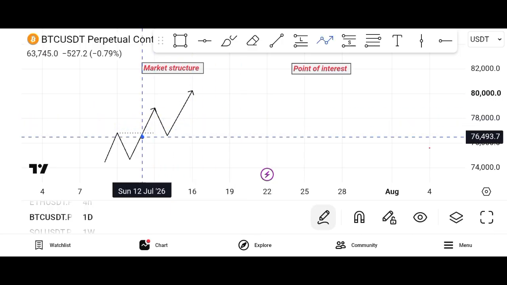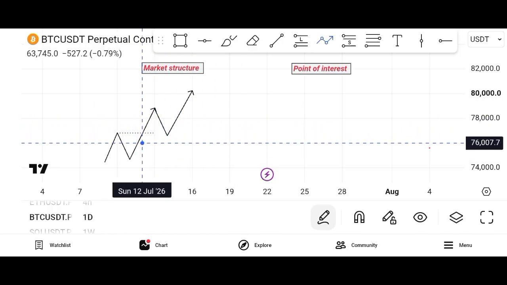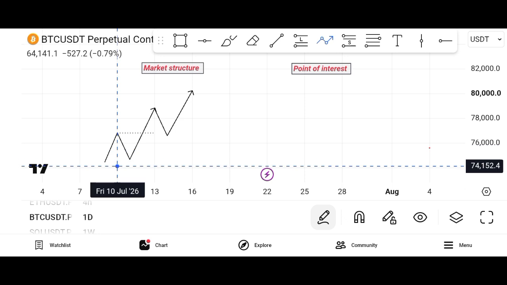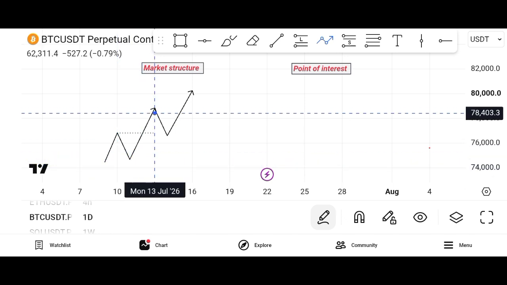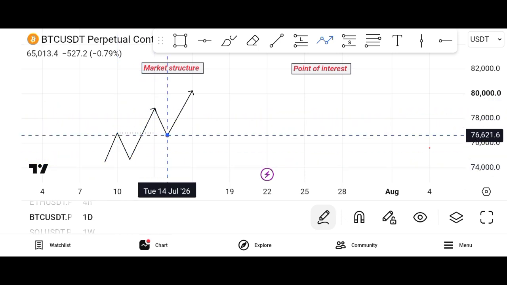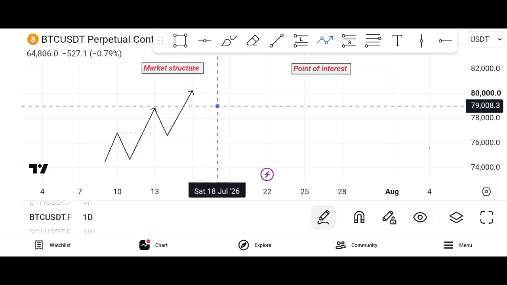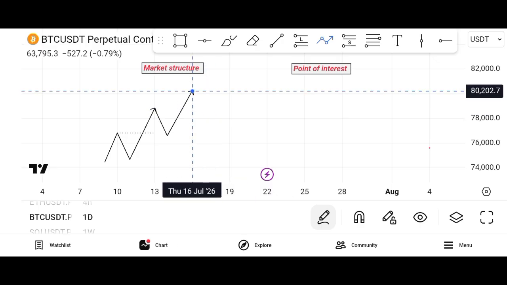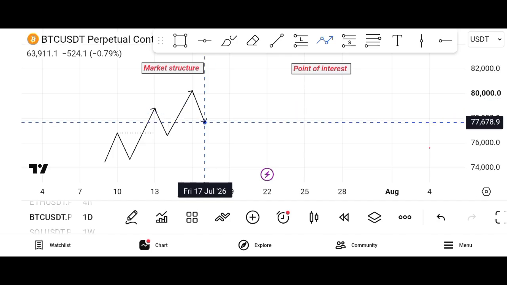Following the pattern in which the market has always been moving here, we know that the market will create a series of expansion, retracement, expansion, and we know that the market will create another expansion after this retracement to continue going in the initial direction in which it's headed.